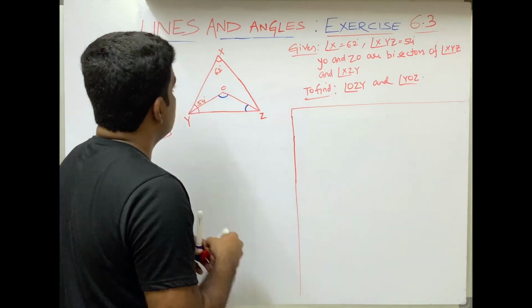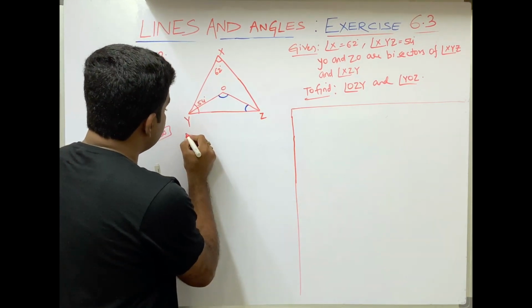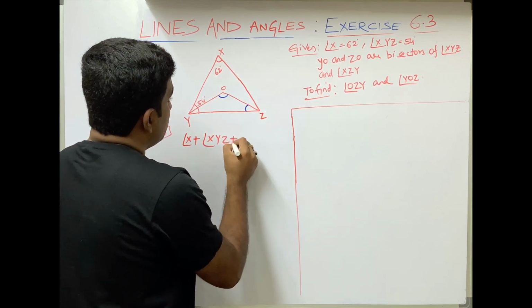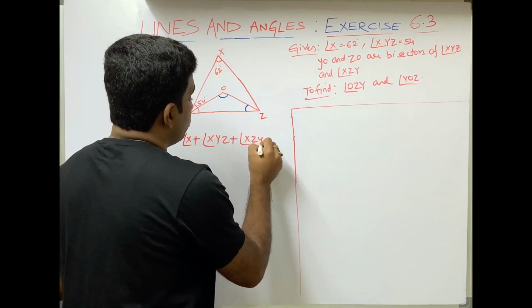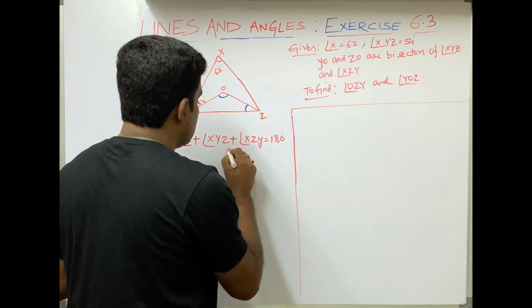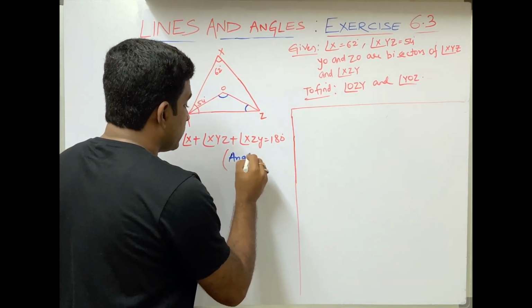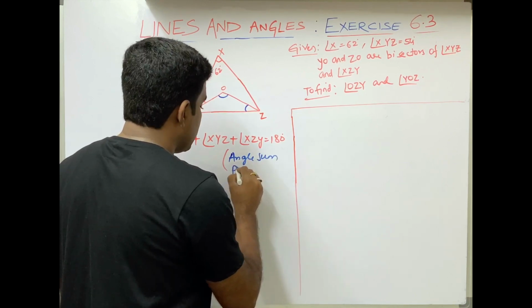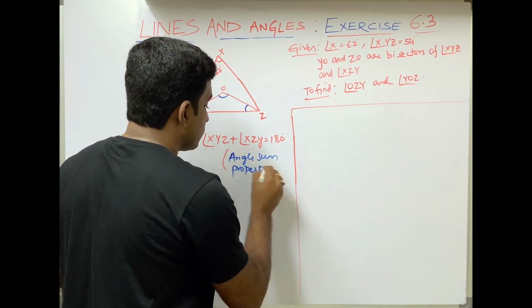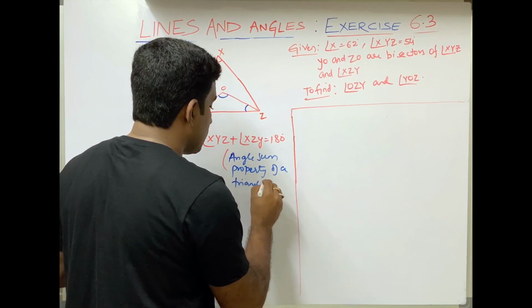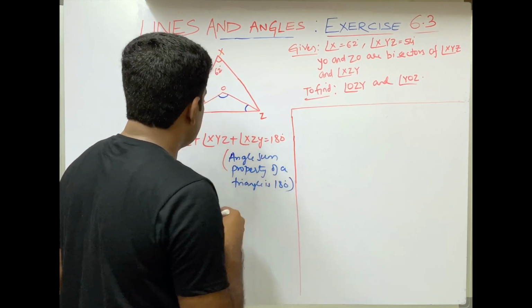Come, let's start. What we know is angle X plus angle XYZ plus angle XZY equal to 180 degrees. The reason is angle sum property of a triangle is 180 degrees. Clear?